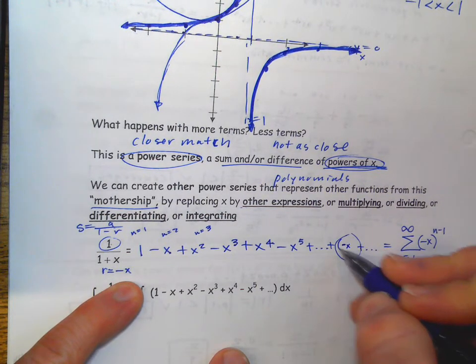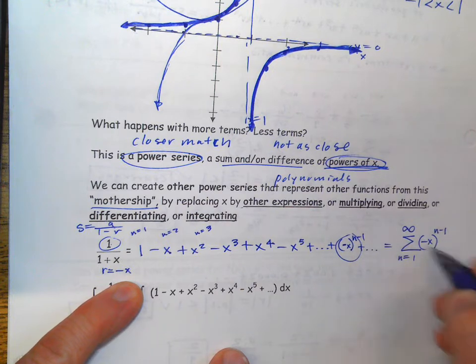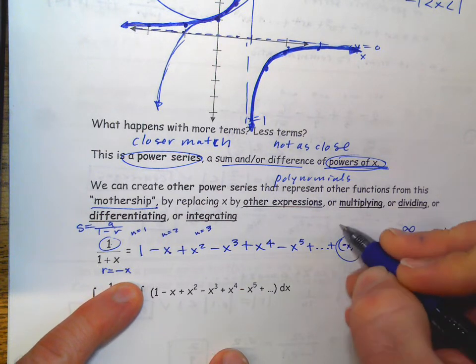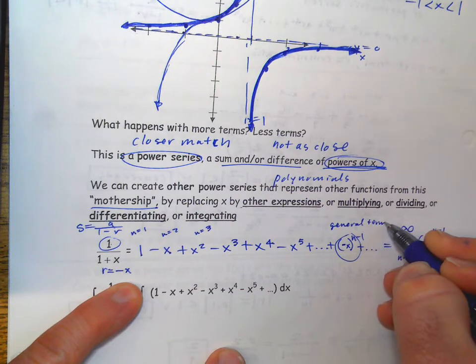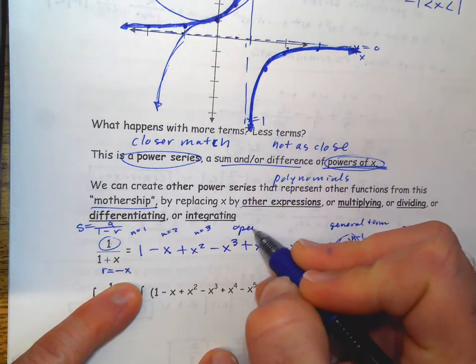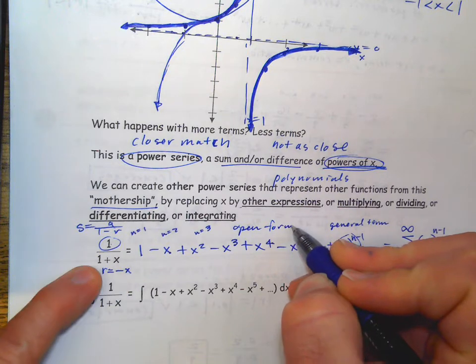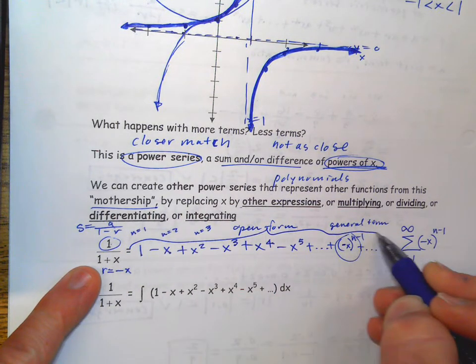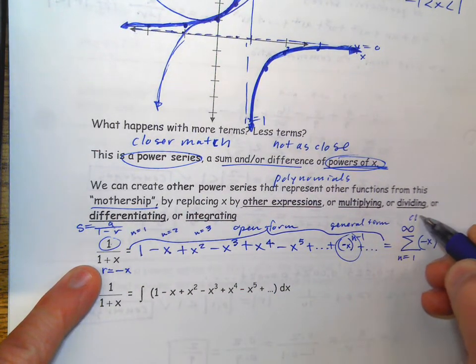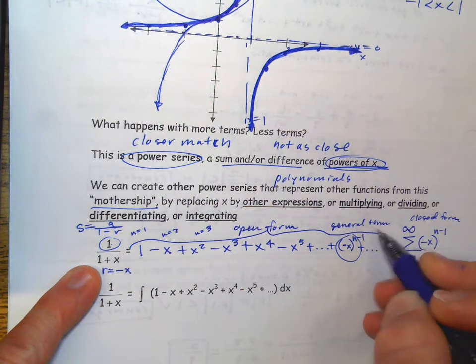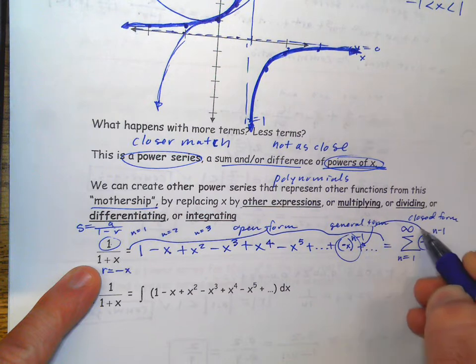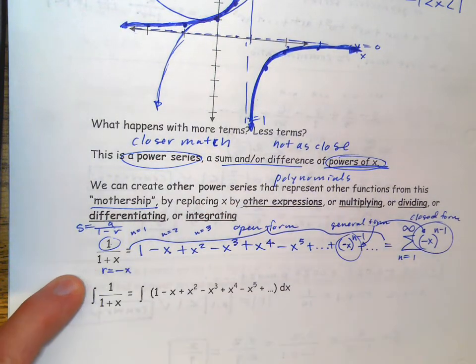Whatever goes inside your closed form is also the general term, the nth term. We were talking about this yesterday. This is the open form, and this is the closed form. And this is the nth term or the general term, and it shows up here also.